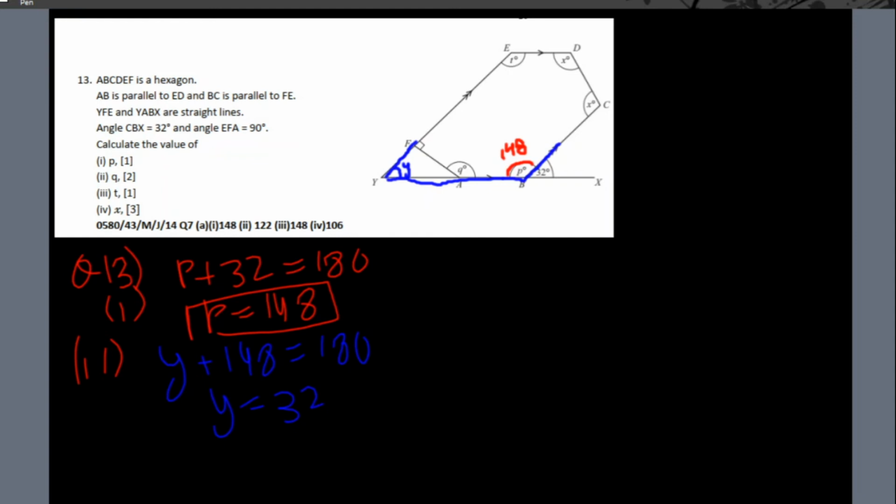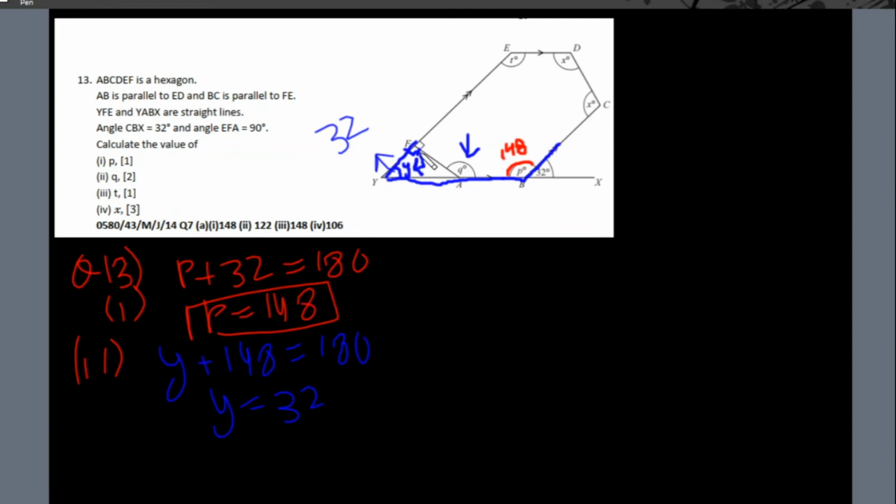So this angle here is 32. Also this angle here will be 90, because again the sum of angles on a straight line equals 180, and if one angle is 90 then the other angle will be 90 as well. Now using the property that the exterior angle equals the sum of opposite interior angles.